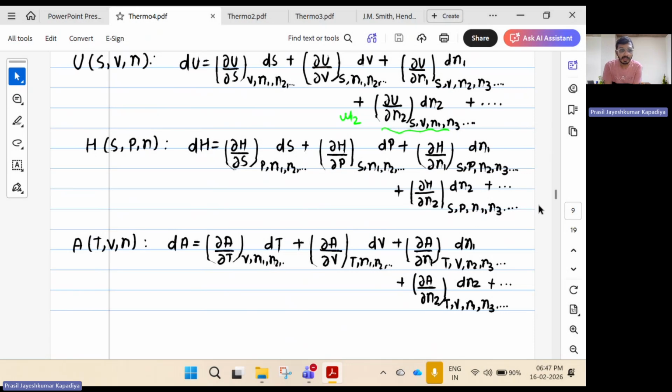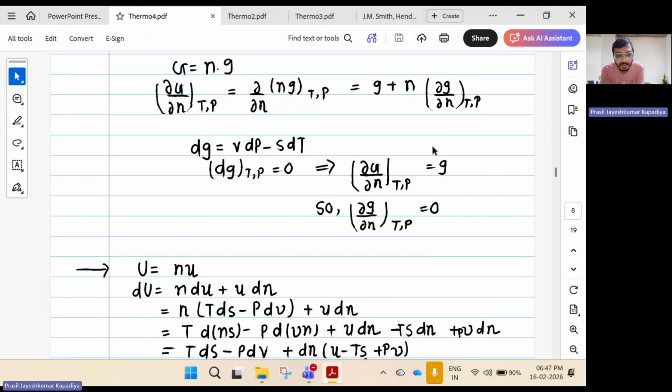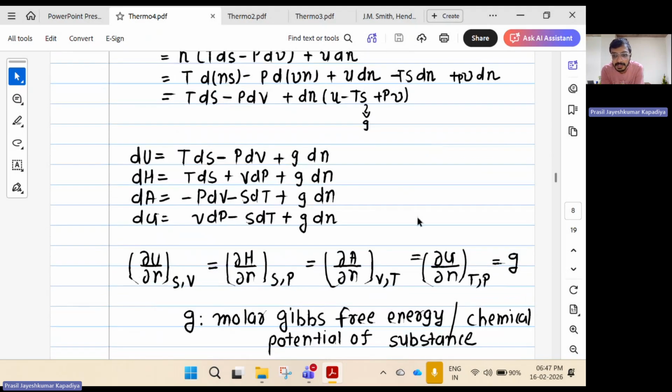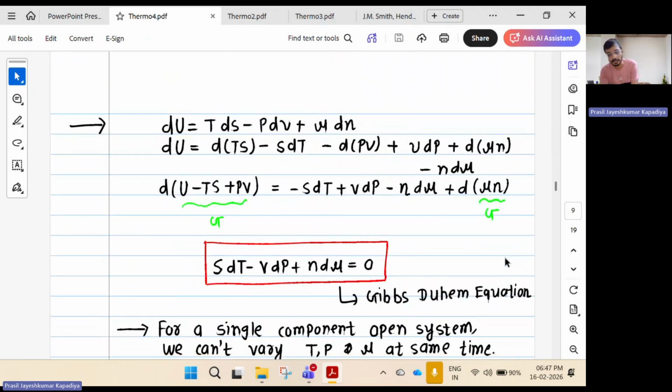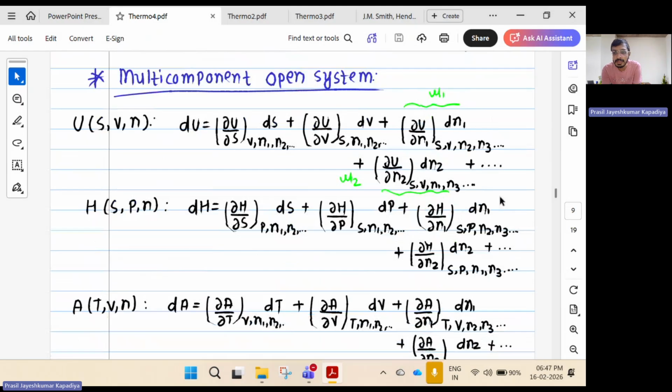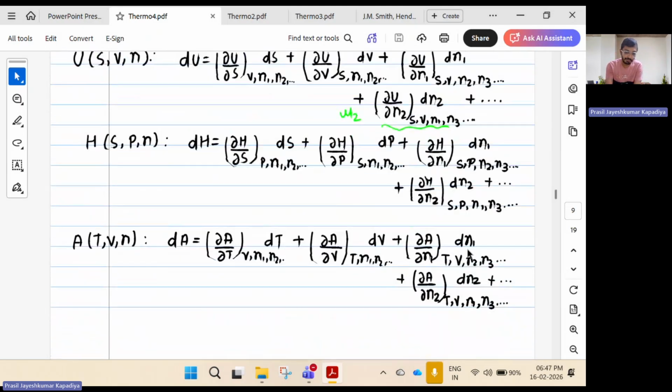Okay, now I can also write it down similarly. So del H by del N1 at constant S, P is nothing but mu, the chemical potential. So I can replace this with mu1 dN1 plus mu2 dN2.